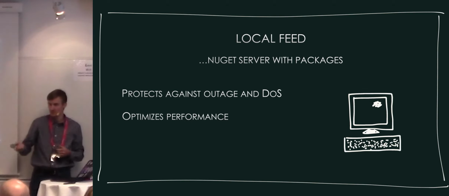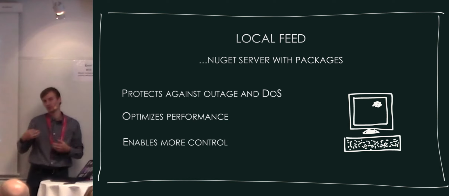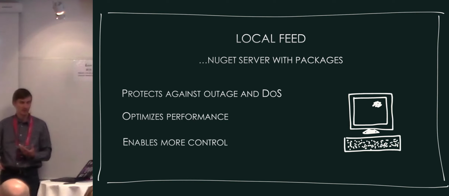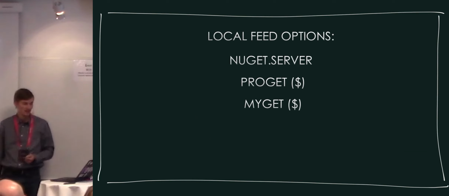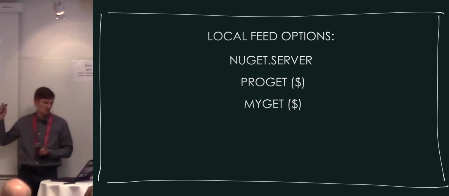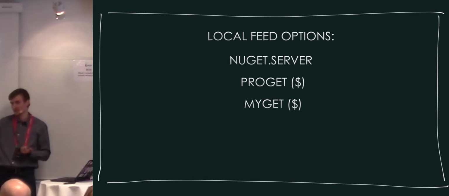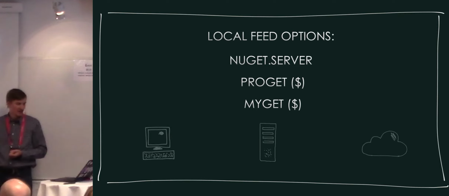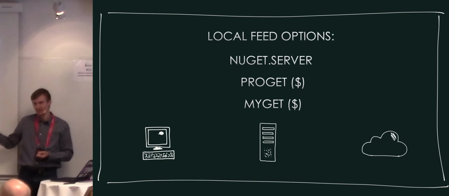It can help optimize performance by caching packages, and it can give you more control depending on the features, on the functionality of the particular tool you're using. And what are the options out there? There is NuGet.Server, the official Microsoft feed solution. It's pretty basic. It's like an IIS application which stores files. There is ProGet. ProGet is semi-paid, so you can get lots of functionality for free.